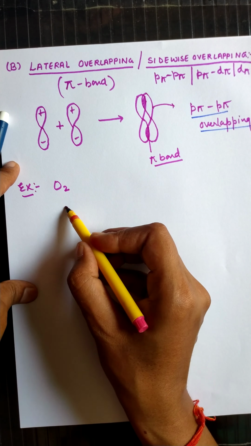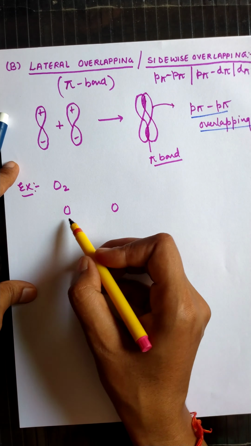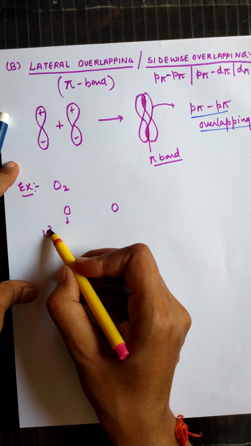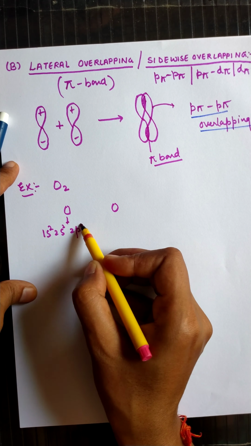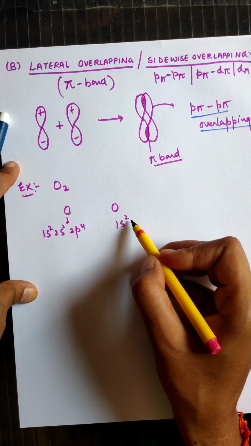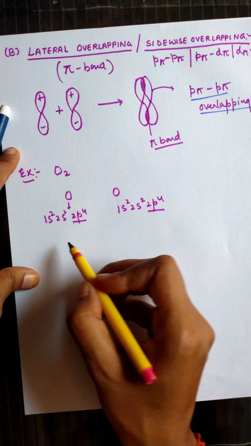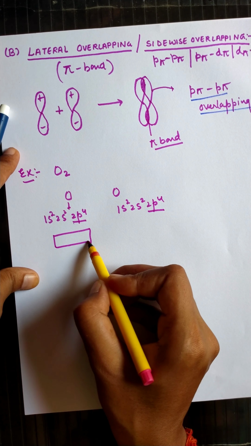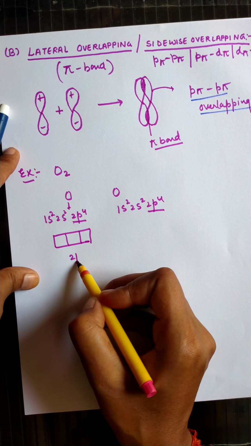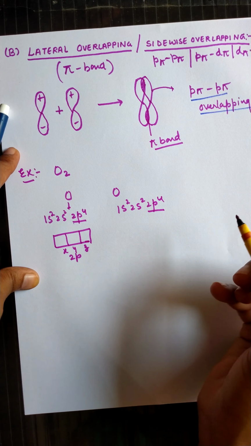For oxygen, two oxygen atoms are there, and the configuration is 1s2, 2s2, 2p4. In this one also, 1s2, 2s2, 2p4. I am just going to draw the 2p4 orbitals: 2px, 2py, 2pz.